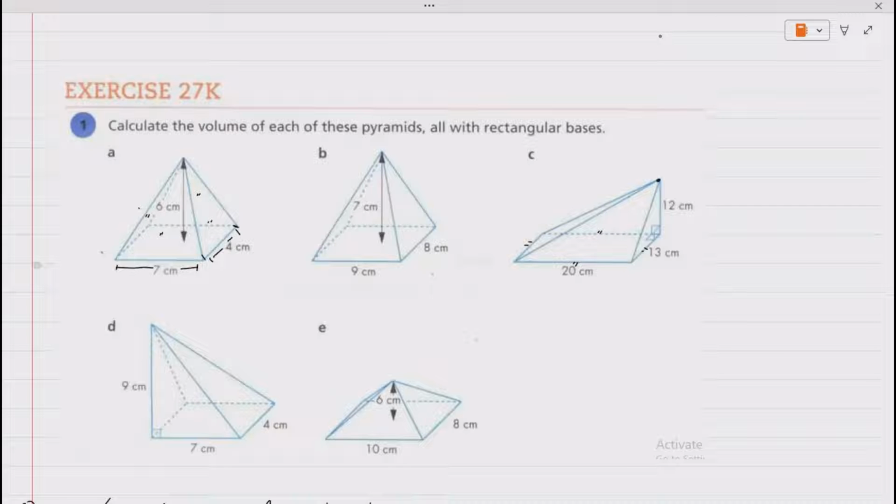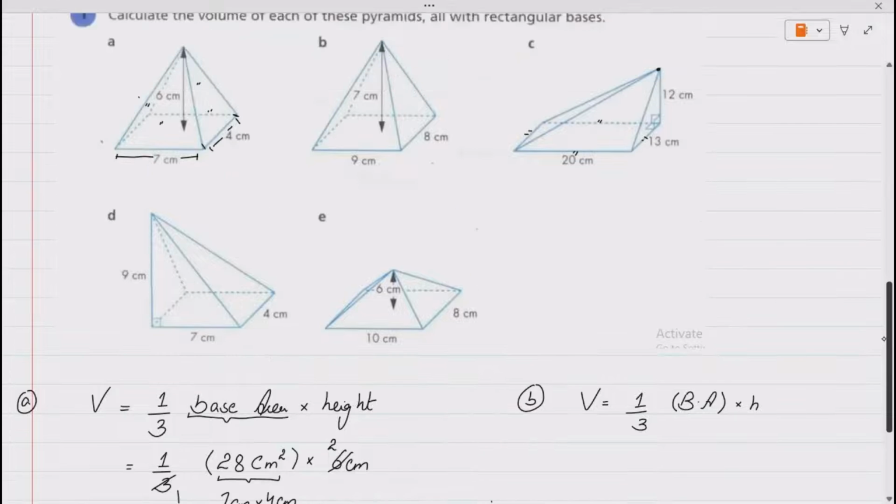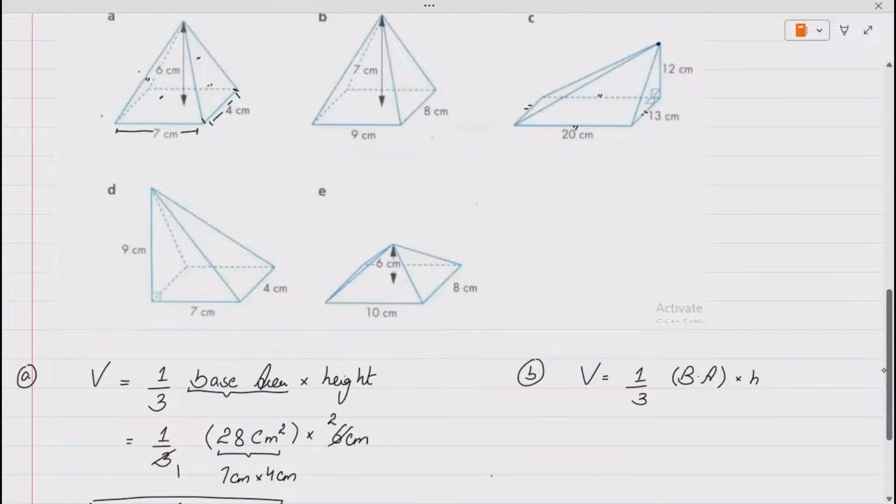So here in this case, for the B part, again the volume is 1 upon 3, base area multiplied with height. Now here the height, you can see the height of this triangle. We can use this triangle height as the height of the pyramid, because when you draw a parallel line into this, both have the same length.